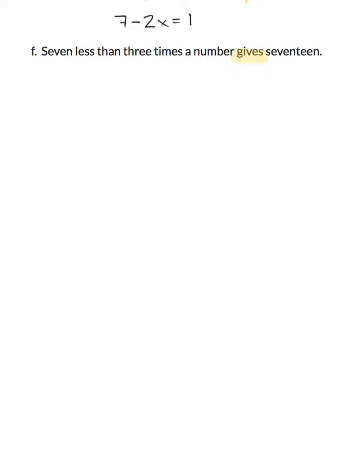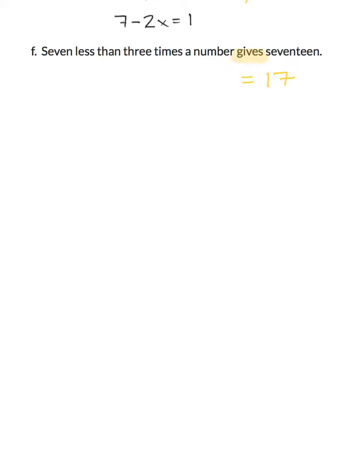That tells me equation. And so we have equals 17. Okay, so that takes care of my equals. It takes care of my right side. And now I want to go ahead and move to the other part of this.